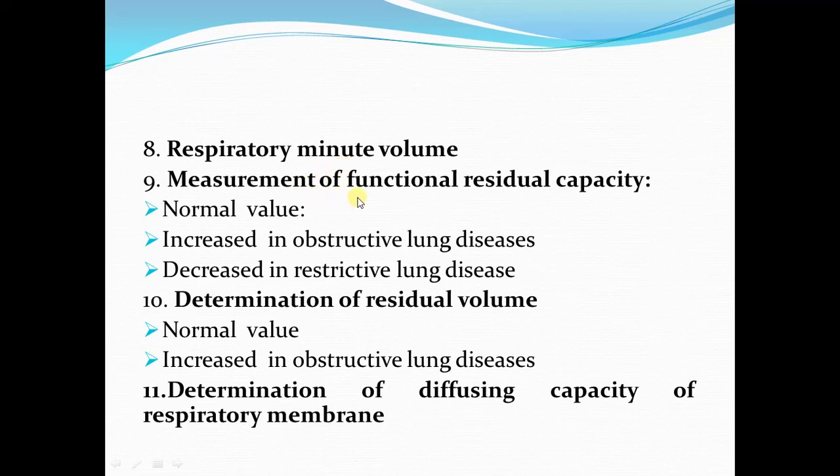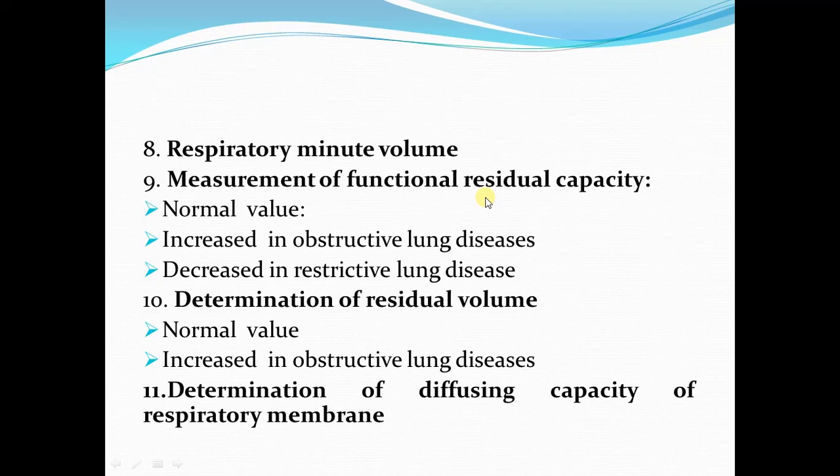Then we can determine the functional residual capacity. We almost talked about it in the previous slide. For your revision, functional residual capacity is the volume of air that remains in the lungs at the end of normal breathing. The normal value of functional residual capacity is 2300 ml.